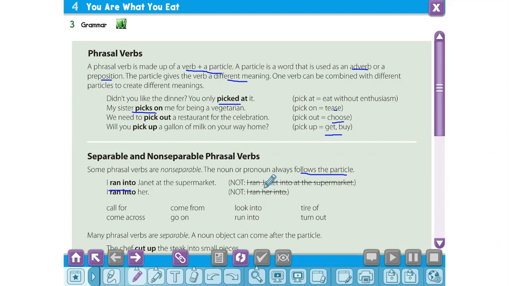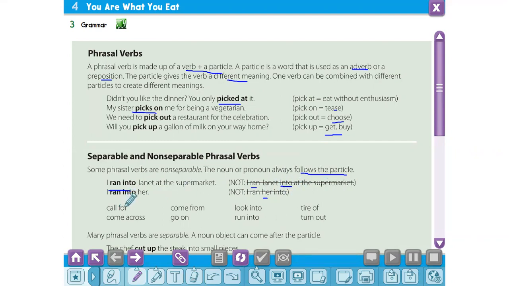The next example, I ran into her. It's incorrect to say I ran her into. We can't use the pronoun between the verb and the particle.